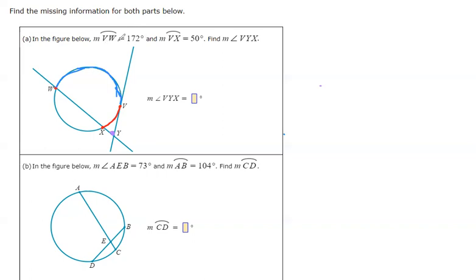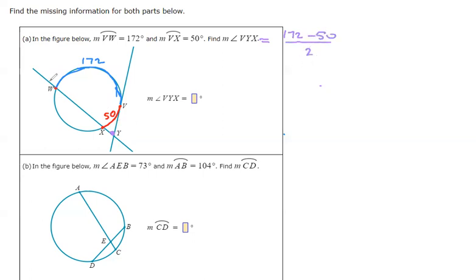So VW is given as 172, so this is 172. And VX is 50, so the red part is 50. Angle VYX, which is this angle, is equal to the difference between these two arcs, 172 minus 50, divided by 2.